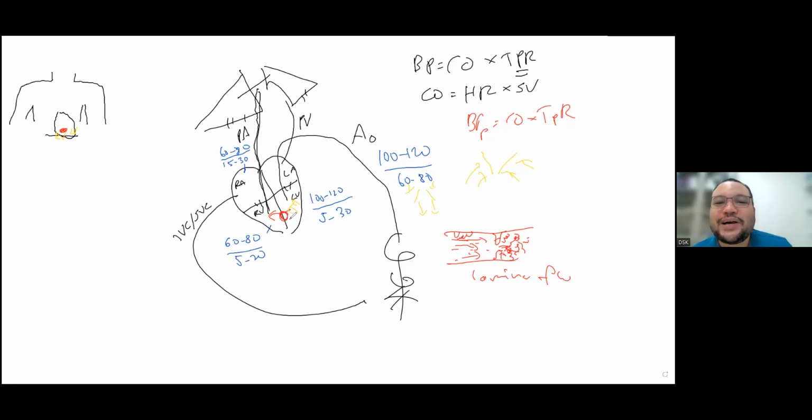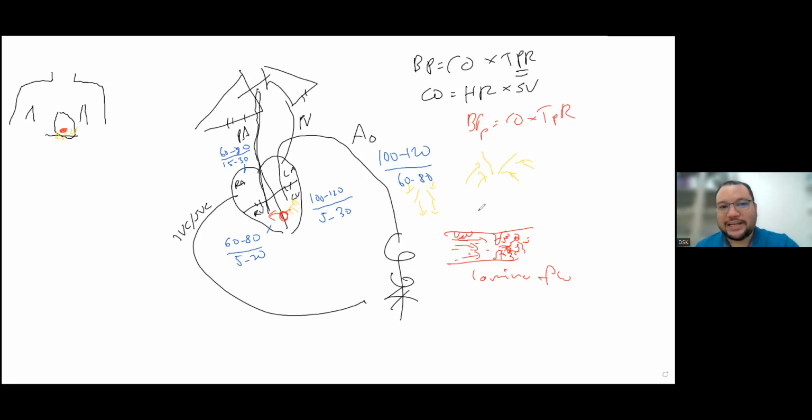So that's why you have a pansystolic murmur. You hear zip, zip, zip, zip, rather than dup, dup, dup. You will not appreciate the first and second heart sound.